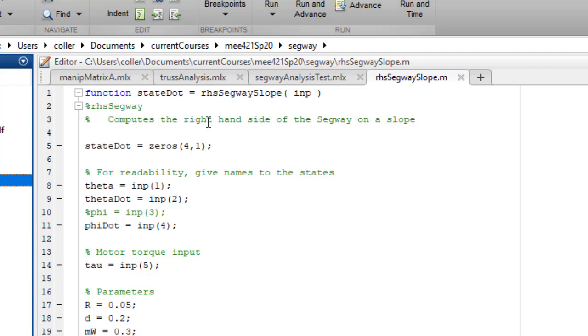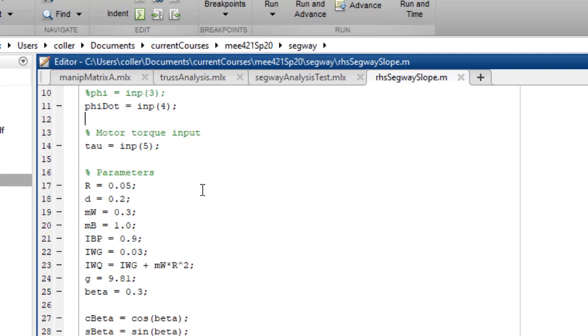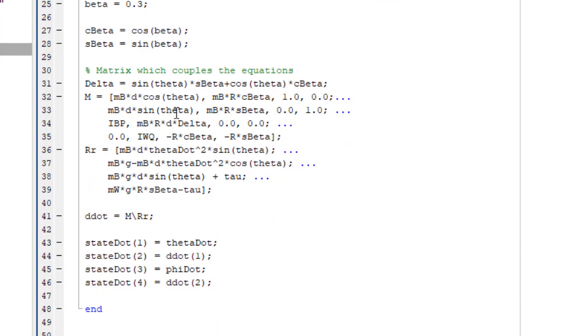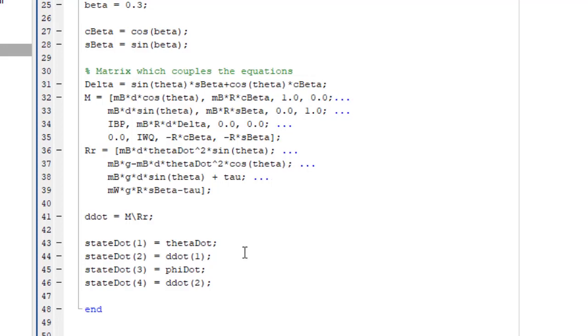Its whole purpose was to create the derivative of the state. We essentially calculated those equations, with a matrix that we had to invert to solve for the unknowns. I'm reviewing very quickly, and of course you can ask me questions if you find this confusing at all.